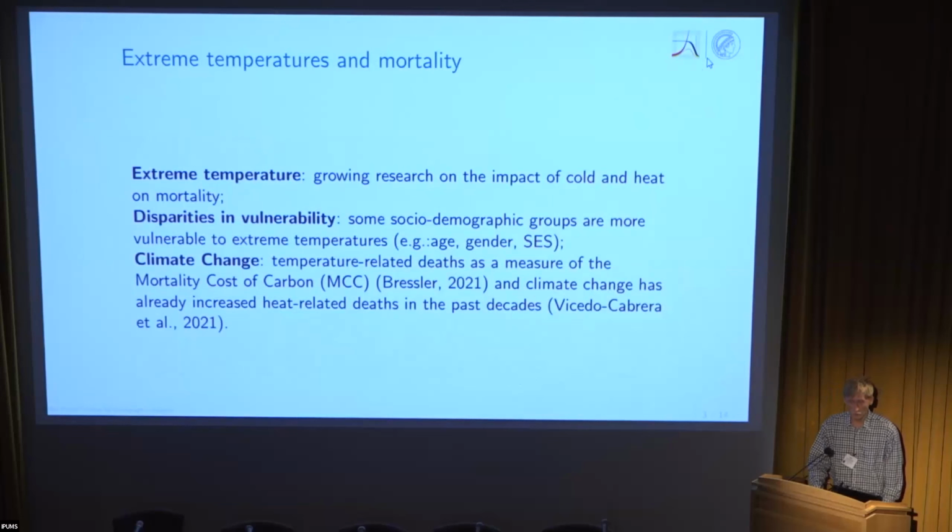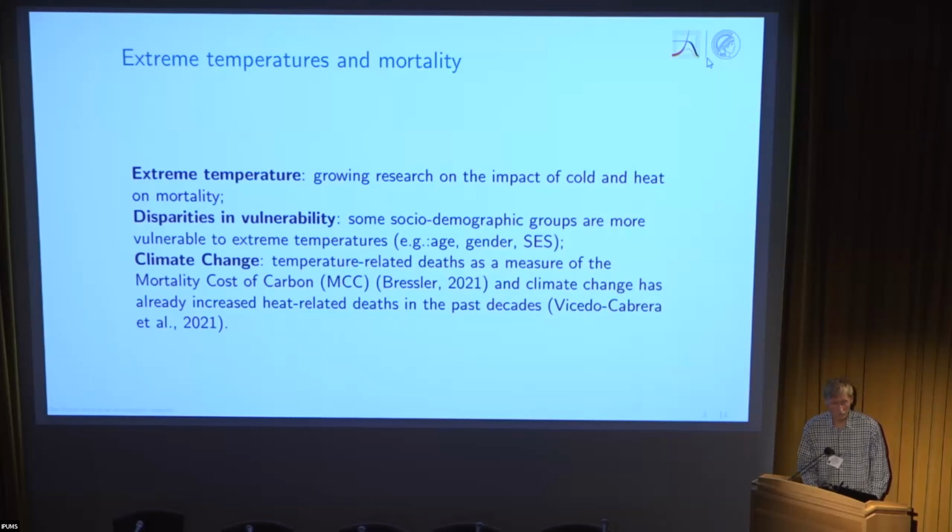So with this paper, we touch on a literature that's particularly growing in recent years, that is interested in understanding how extreme temperatures, both cold and heat, impact mortality. And this literature has been particularly growing after the extreme heat event that happened in 2003 in Europe, and studies have been growing both in the European context, but also in other countries, for example in the US, but also in low and middle income countries.